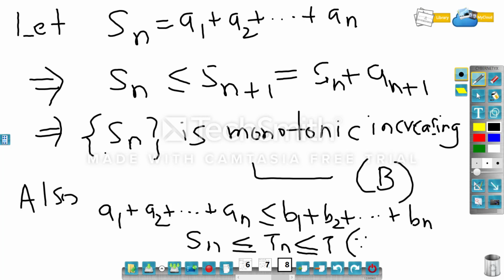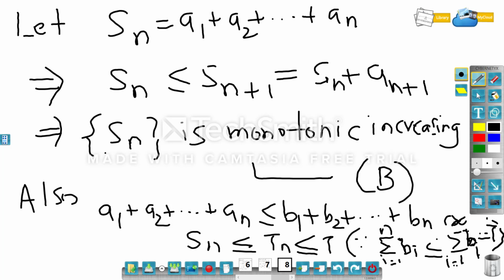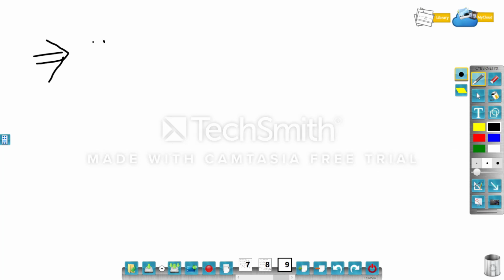Why so? Because you will observe that Tn is nothing but the summation of the first n terms, that is bi, i goes from 1 to n, which is always less than or equal to the summation i goes from 1 to infinity of bi, which is T. So Sn is less than or equal to T for all n belonging to natural numbers.